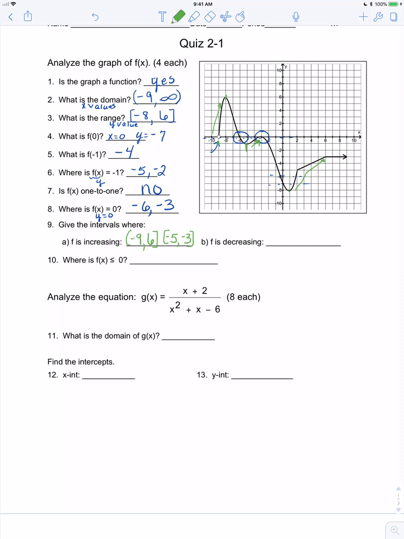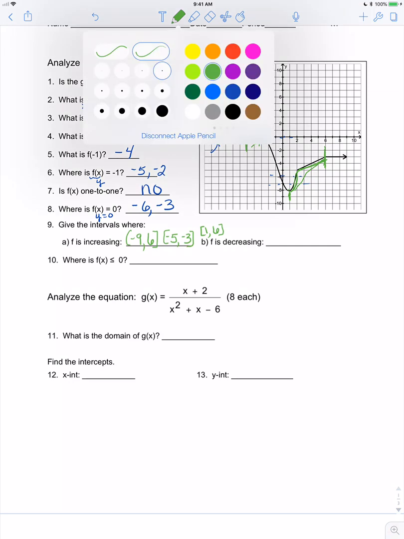And then the last point that it starts increasing is at +1. And then notice this is increasing up to here, but it also is increasing here. It's just at different rates. But at this point, it levels off, so it's not increasing anymore after 6. So those are all the points that it's increasing.